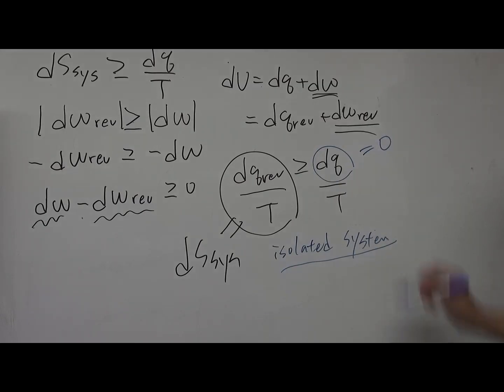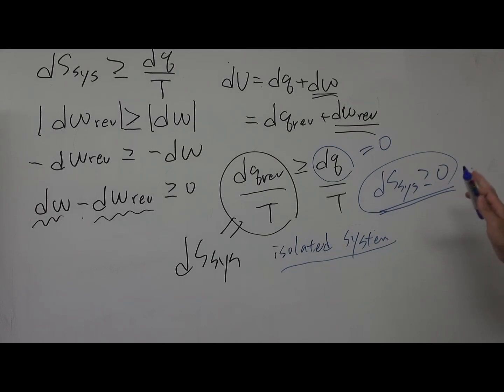Which means that dS is always positive. The entropy of the system never decreases. This is the second law of thermodynamics, right? So this is basically the same expression for the second law of thermodynamics.